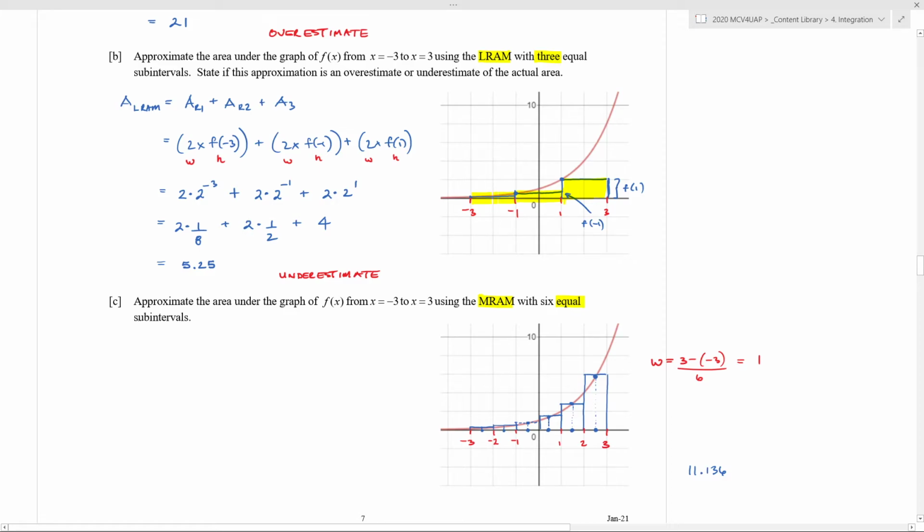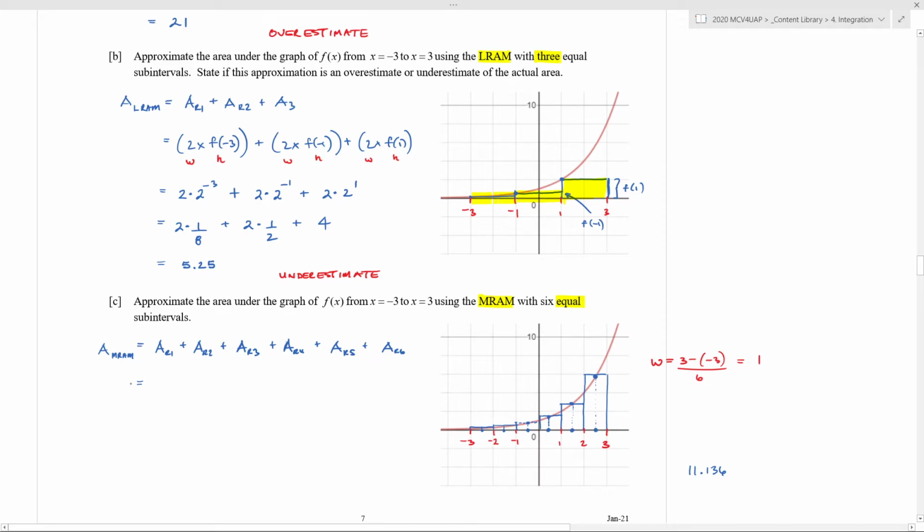Area MRAM, midpoint rectangular approximation, is the area of rectangle 1 plus the area of rectangle 2, rectangle 3, rectangle 4, plus the area of rectangle 5, plus the area of rectangle 6. Now I need to write an expression for all that. So the width is just 1. So for all of these, it's going to be 1 times.